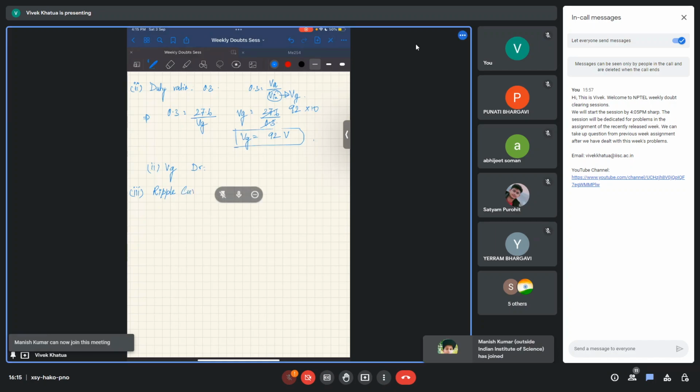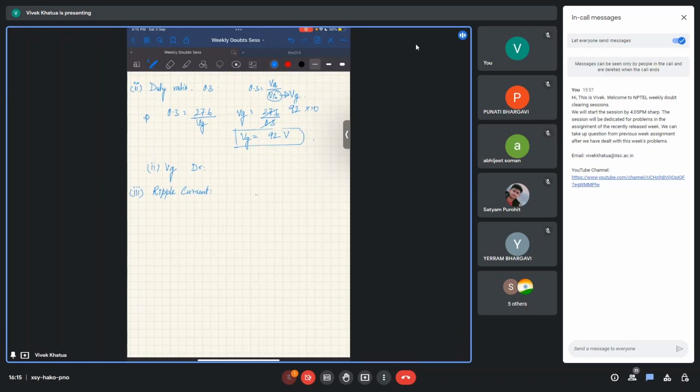Ripple current. So the circuit will look something like this. We'll have an inductor, that is nothing but our motor. We'll have back EMF, that is EB. We'll also have resistance.